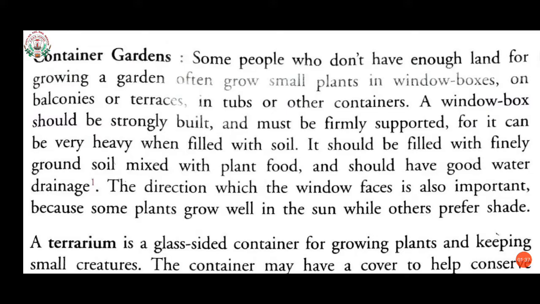A window box should be strongly built and must be firmly supported, for it can be very heavy when filled with soil. It should be filled with finely ground soil mixed with plant food and should have good water drainage.